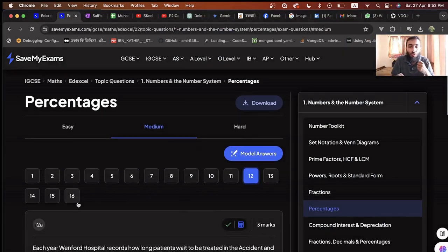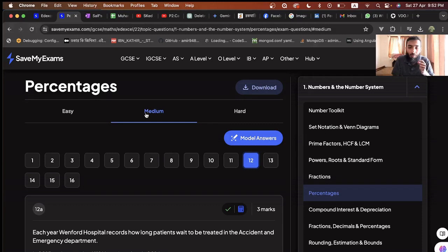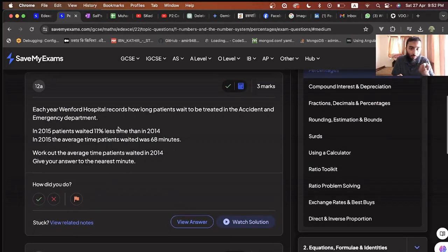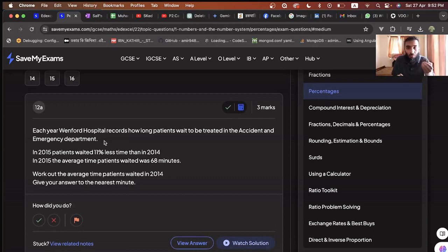Now I focus on problem number 12 of the medium category of the topic percentages. It has two parts, 12A and 12B. I'll focus on 12A first. Let's read the question. Each year Wentworth Hospital records how long patients waited to be treated in the accident and emergency department. In 2015, patients waited 11% less time than in 2014, and in 2015 the average time patients waited was 68 minutes.